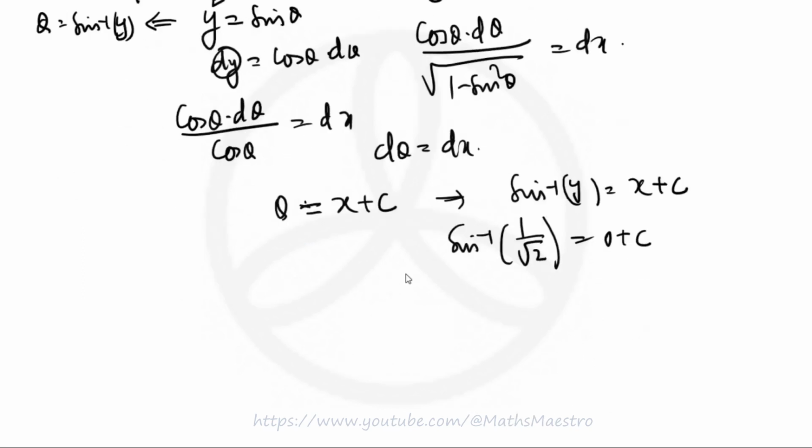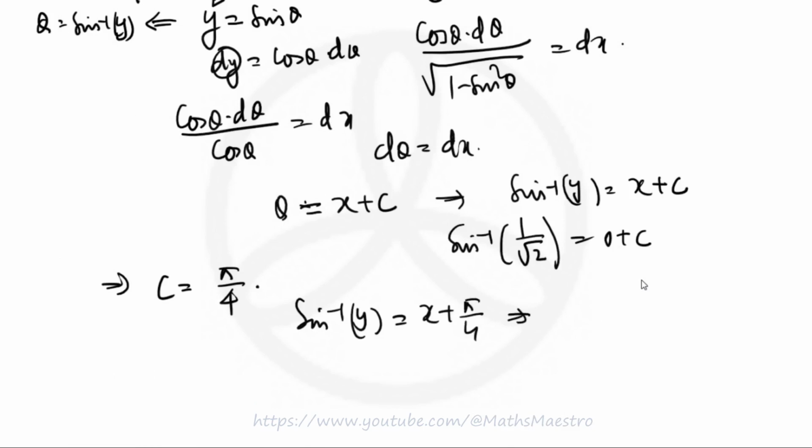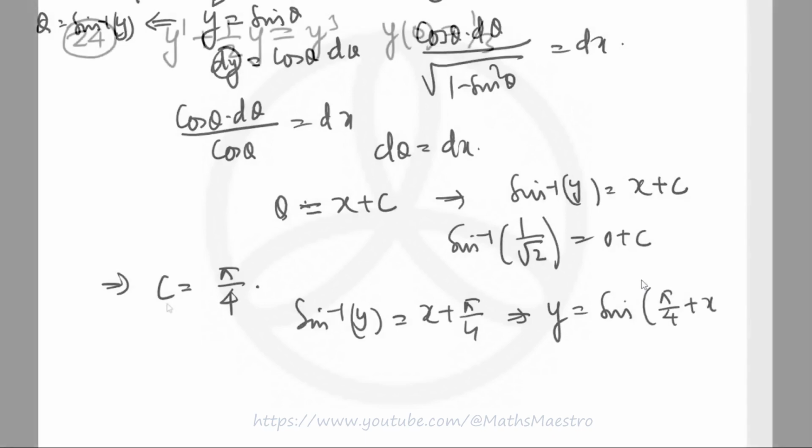This will be c is equal to sine inverse of 1 by square root of 2, which we need to find. This is nothing but pi by 4. Therefore, we will have our equation as sine inverse of y is equal to x plus pi by 4, or we can write this as y is equal to sine of pi by 4 plus x.